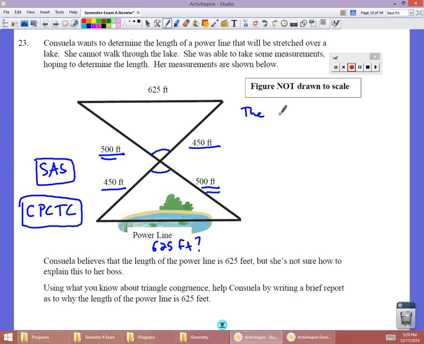The given sides of 450 feet and 500 feet are congruent.